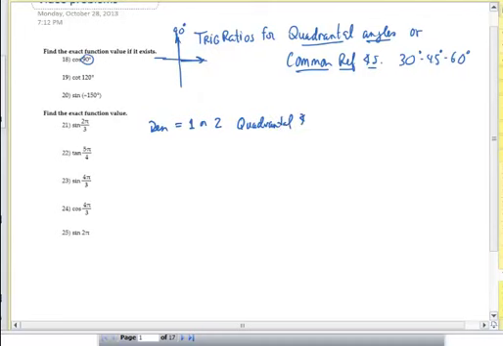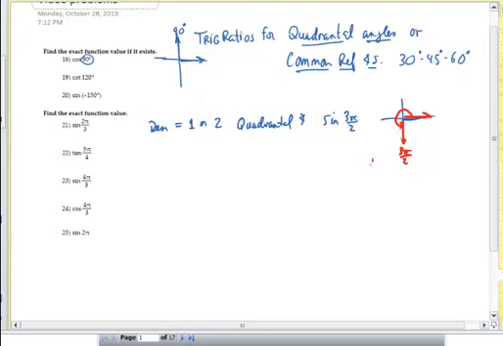For example, the sine of 3 pi over 2, that would be the angle that starts at 0 and goes around to 3 pi over 2 radians. That would be a quadrantal angle. So you would want to use the chart that we talked about and identify the sine of 270 degrees or 3 pi over 2.